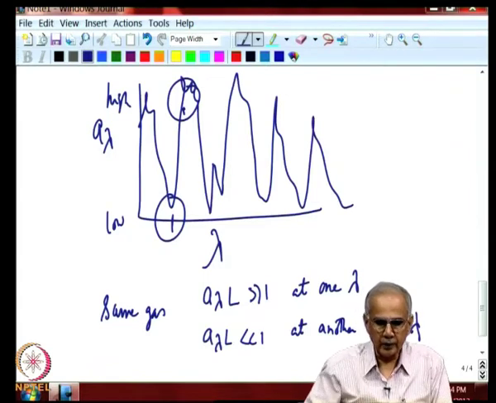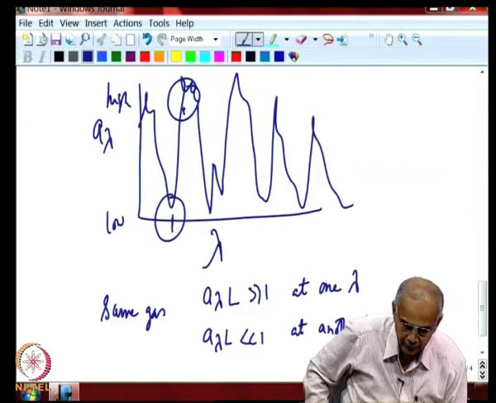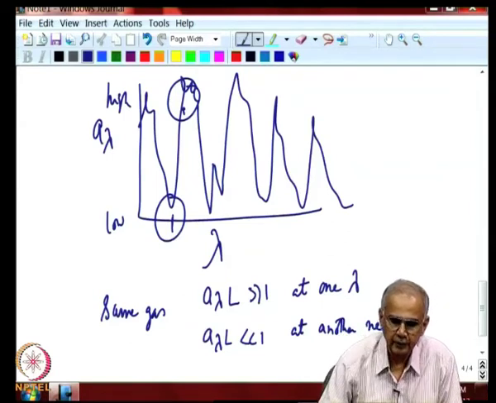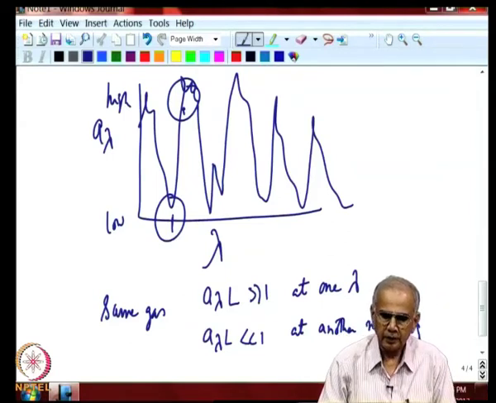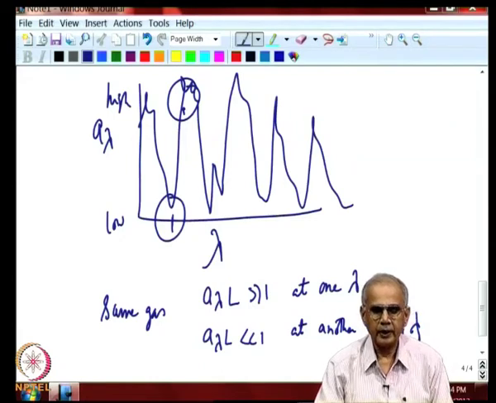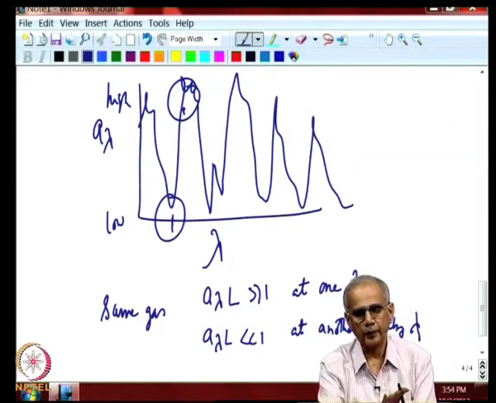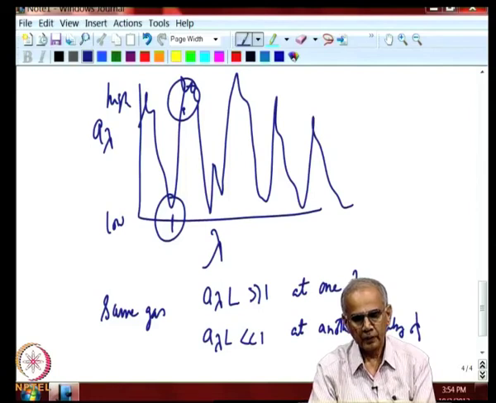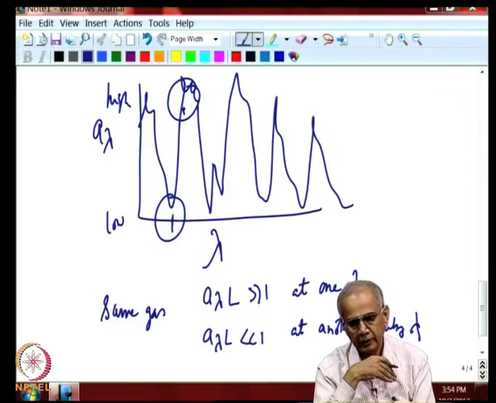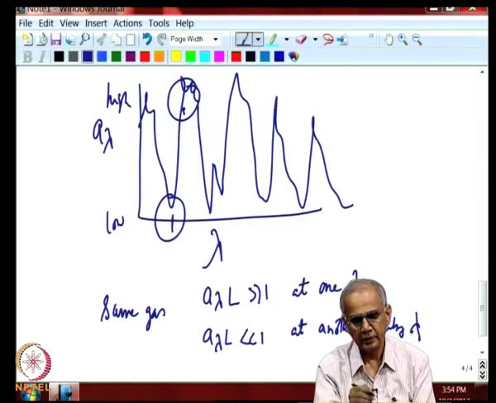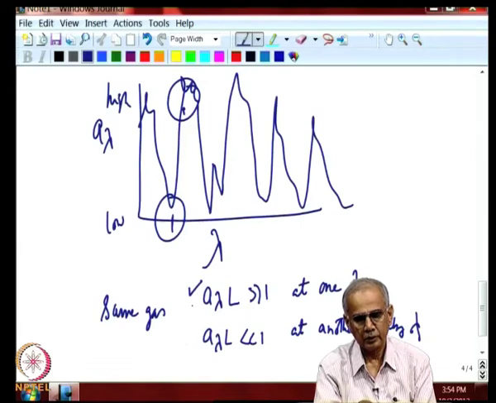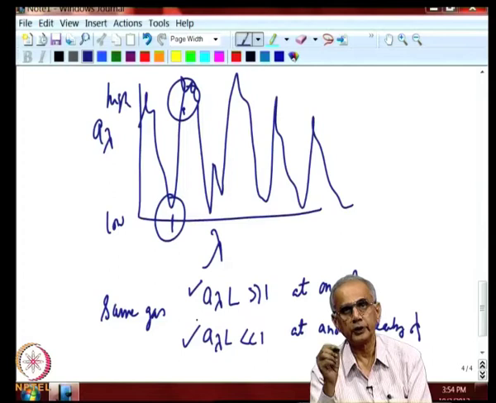These limits are useful as a pedantic tool to understand the behavior of gases, but real gases have such complex dependence of the absorption coefficient with wavelength that they may simultaneously be in both the thin and the thick limit, depending on which wavelength they are looking at.